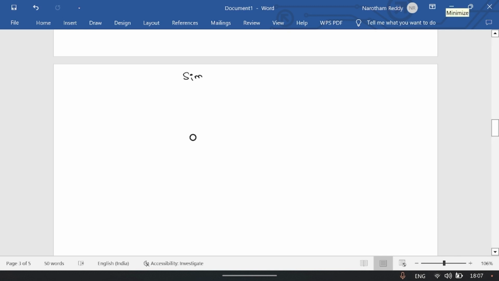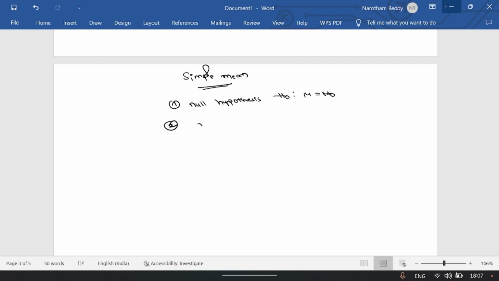Coming to the procedure of simple mean, step 1, null hypothesis, where H naught: mu equals mu naught, and step 2, alternate hypothesis, where mu not equal to mu naught.